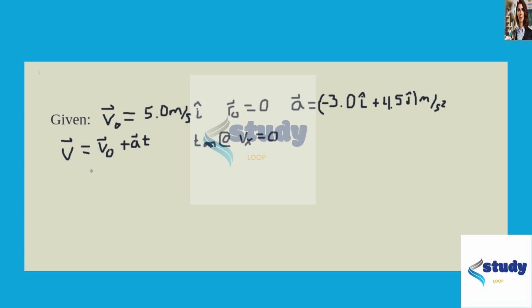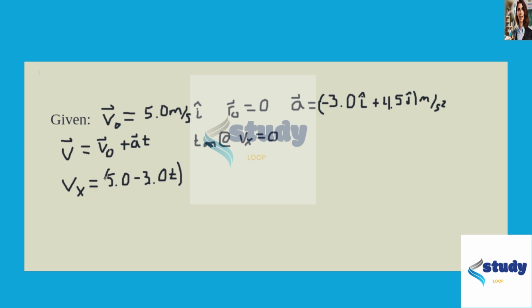So if we plug that in and solve, we're using v of x, right? So in the v of x direction, we only consider things that are in the i hat. So we have 5.0 from v naught minus 3.0 t from a of x times t.